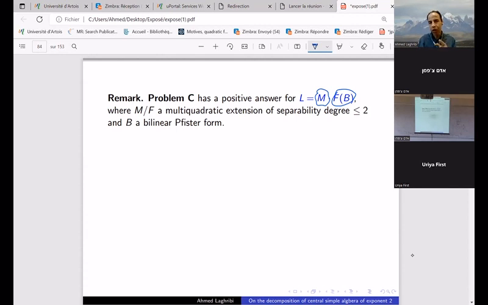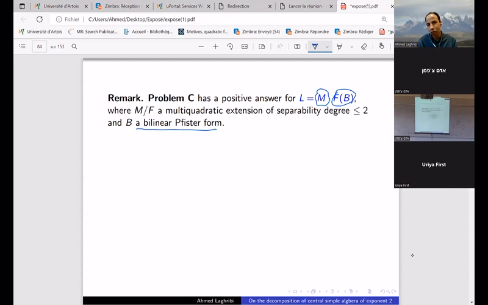So for this field, problem C also has a positive answer. And here I say B a bilinear Pfister form. If you change the bilinear Pfister form to a quadratic Pfister form, the problem is open. We don't know.